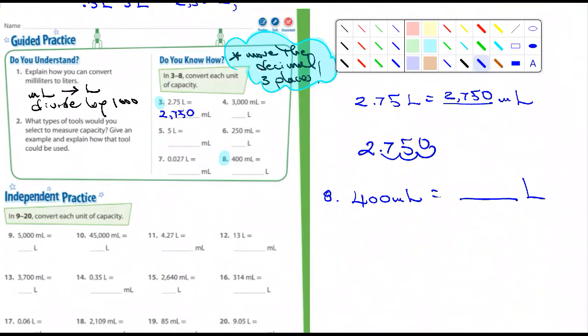So, how many places do we move the decimal? 3 places. So if I wrote 400, where's the decimal? Yeah, it's right here. When we write a whole number, we don't even bother with the decimal unless it has a decimal. You just know where it is. So if I move it 3 places to the left, 1, 2, 3, where is it? It's right there in front of the 4. So 0.4 liters. So number 8 is done for you, 0.4.